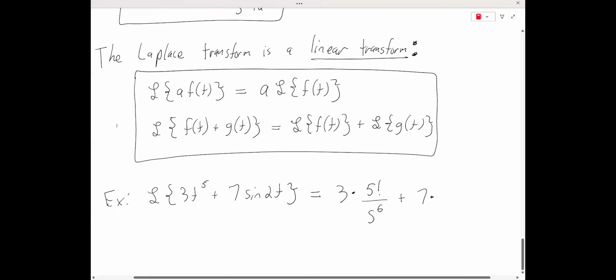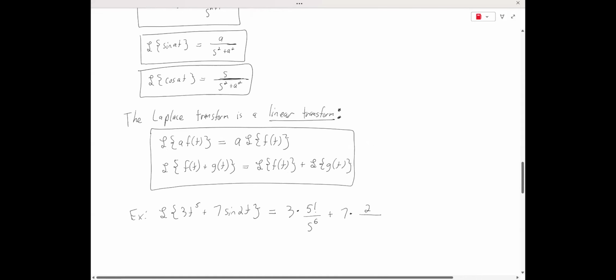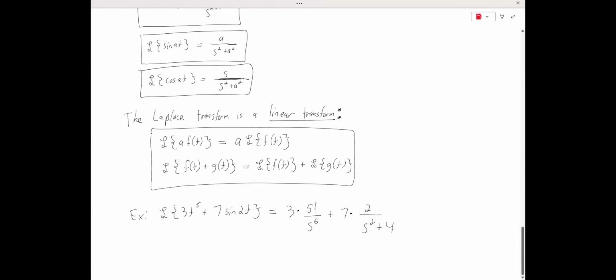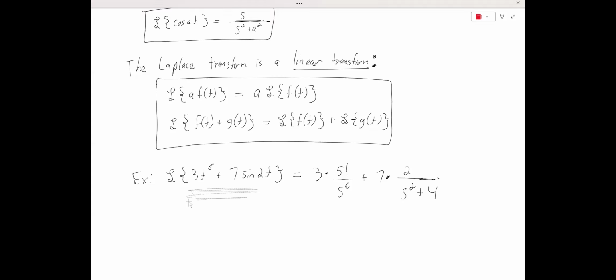That would be 2 over s squared plus 4, right? So that'd be the Laplace of this one. For an example there. So you don't have to go back to the definition every time once you get these rules. And these are nice here, they're linear.